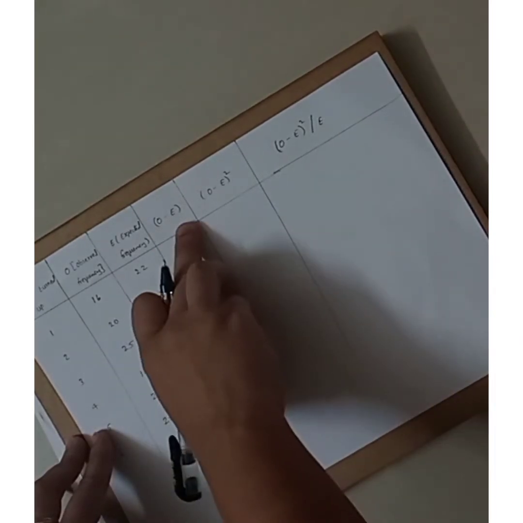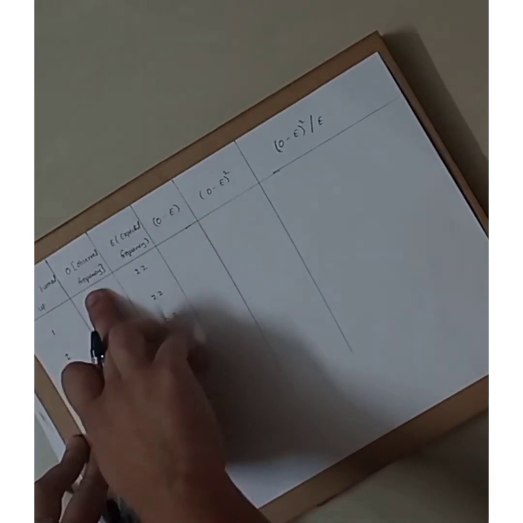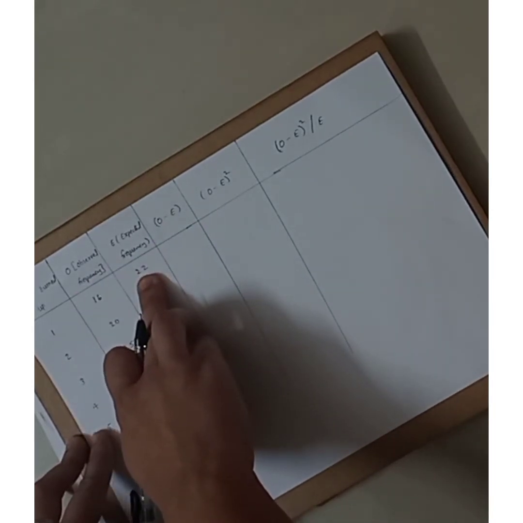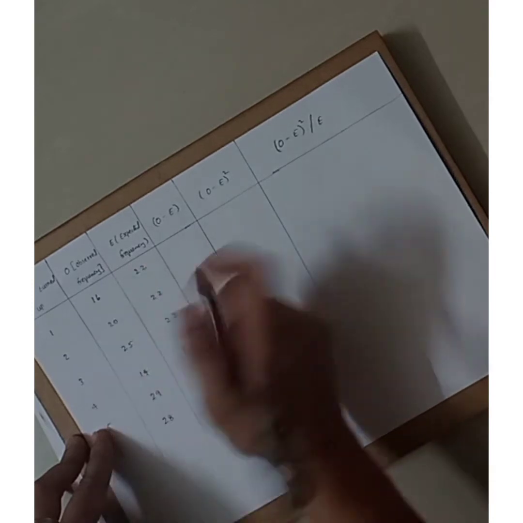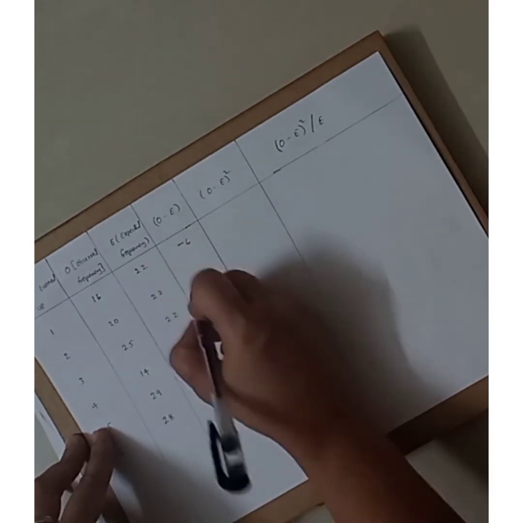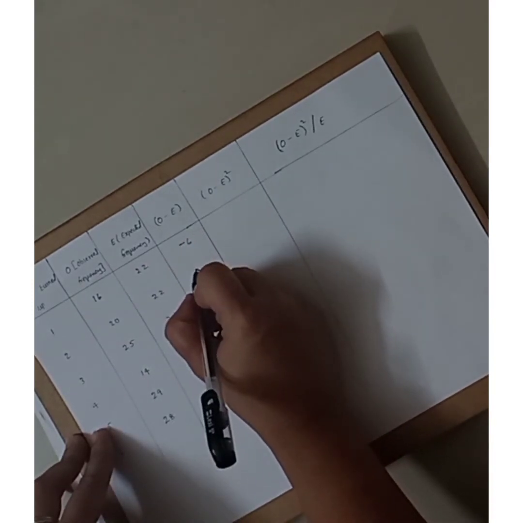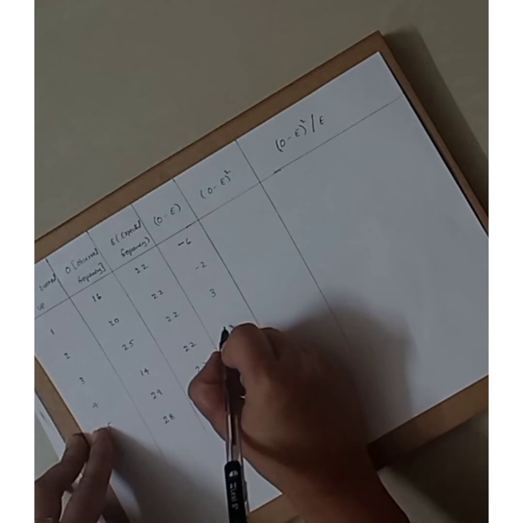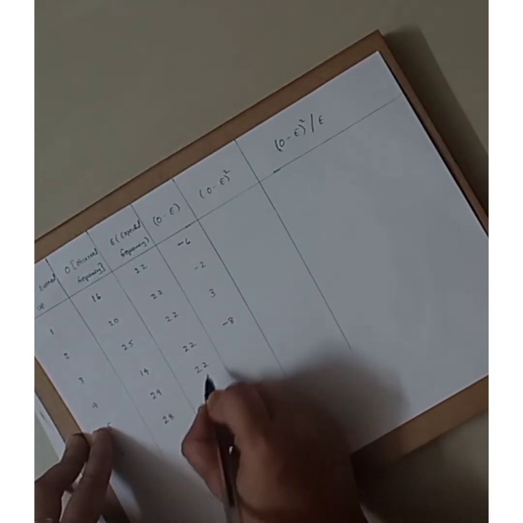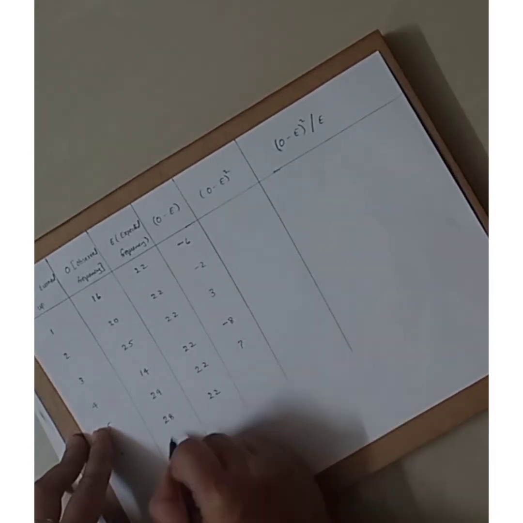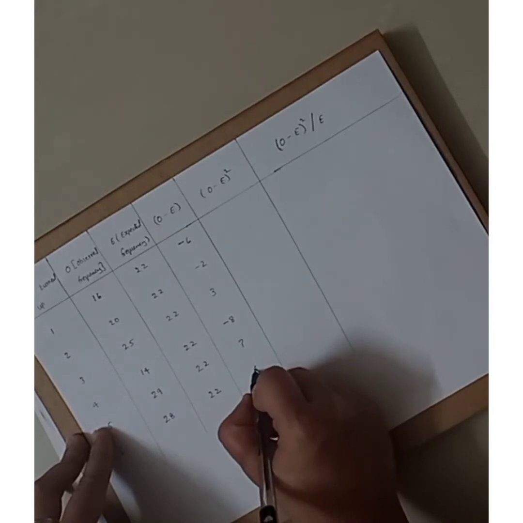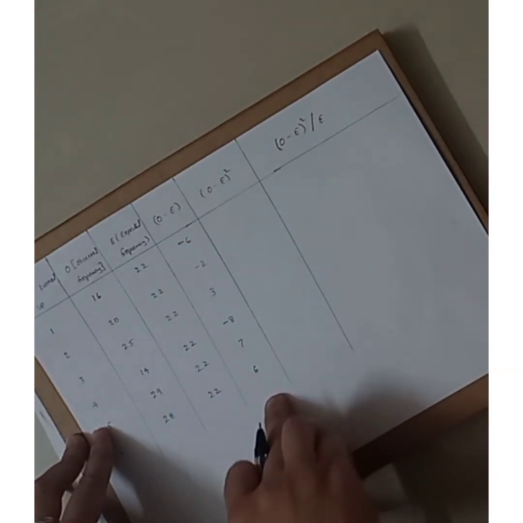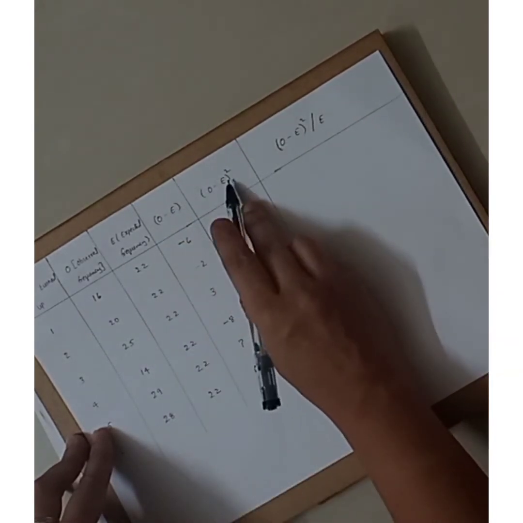The next column is O minus E, observed minus expected. 16 minus 22 gives minus 6. 20 minus 22 gives minus 2. 25 minus 22 is 3. 14 minus 22 gives minus 8. 29 minus 22 is 7. 28 minus 22 is 6. So you have filled this column as well. Now O minus E squared.